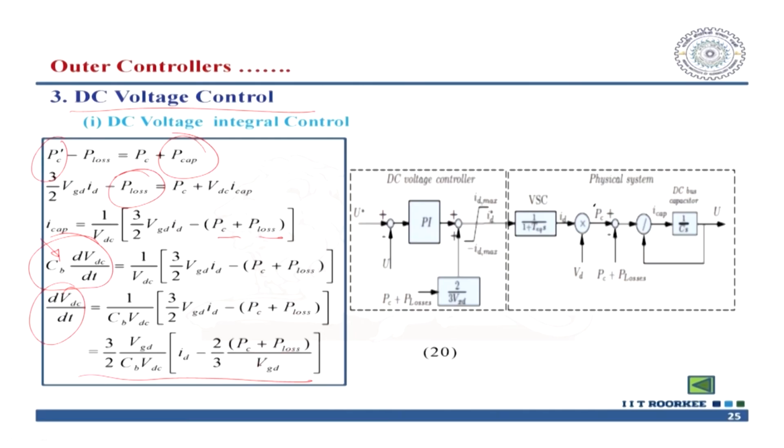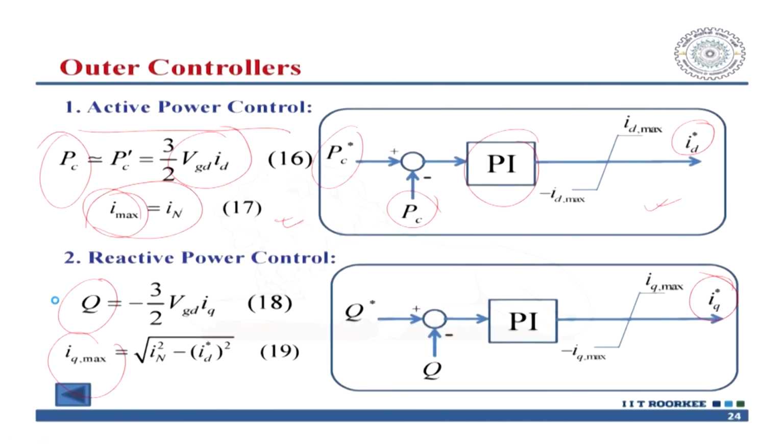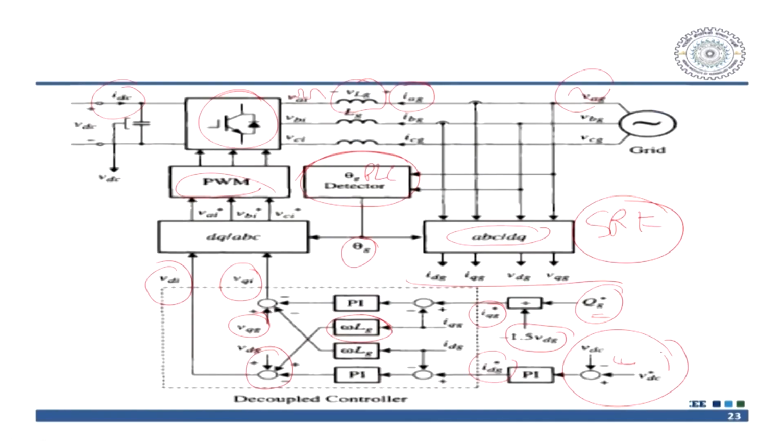So, this will be the expression of the ripple, and you generally design with a permissible limit, because you know the power of the converter, you estimate or calculate the losses, and you know the grid voltage. There is a problem: if there is a voltage sag, the ripple will be more. For this reason, please go back to this controller; you have an extra DC voltage control loop for when there is a voltage sag.